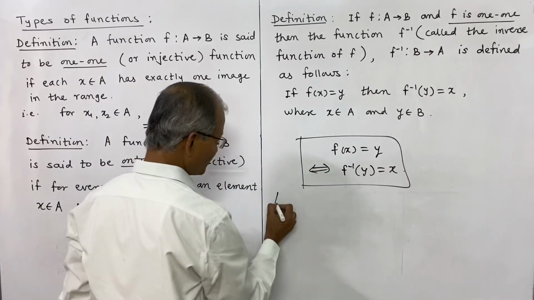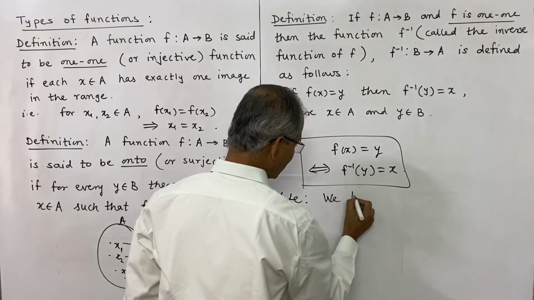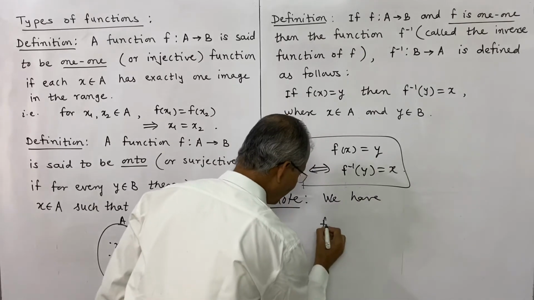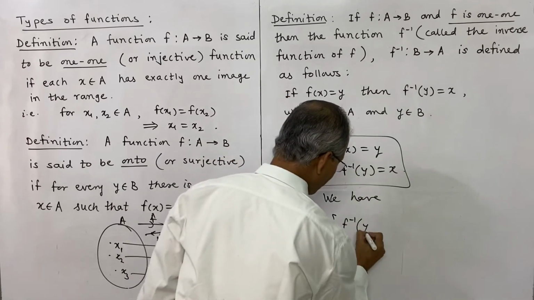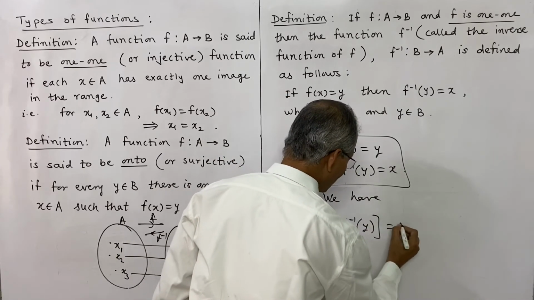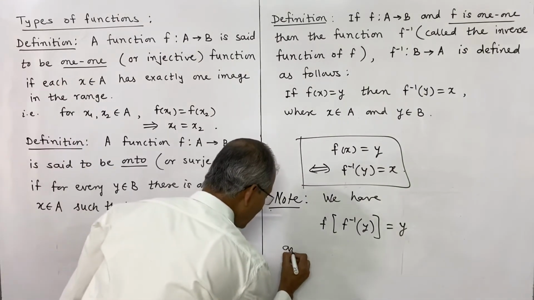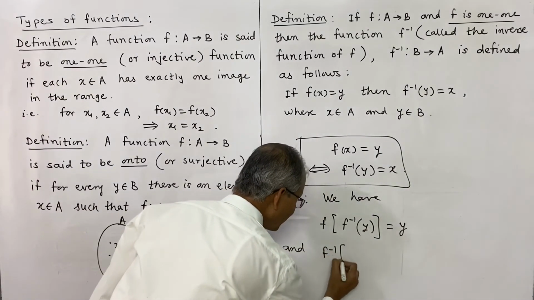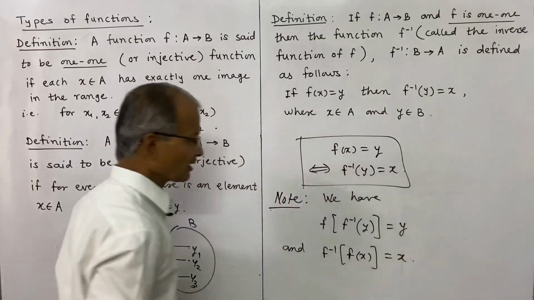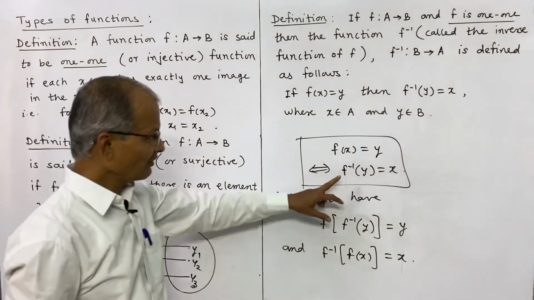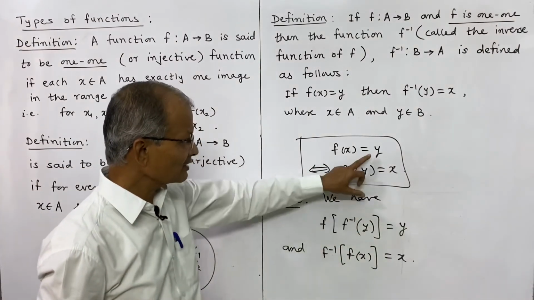We should also note that f of f inverse of y is equal to y, and f inverse of f of x is equal to x. How is it so? You can verify. What is f inverse of y? That is x, and f of x is y.